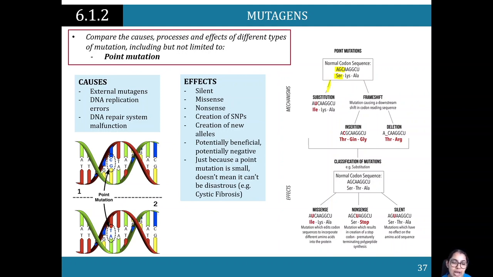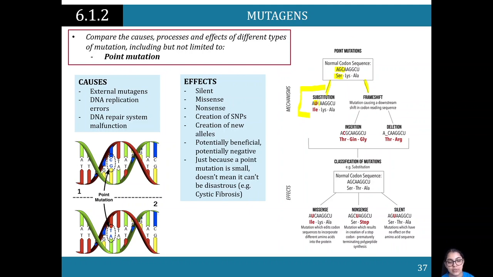So there are two types of point mutations that can happen. There can be substitution, or there can be a frameshift mutation. In substitution mutations, what happens is, as you can tell by the name itself, one of the nucleotides substitutes the other. So instead of the G here, the guanine, there has been a substitution, and a uracil has been inserted. And remember, this is happening during transcription, and then translation is happening now.